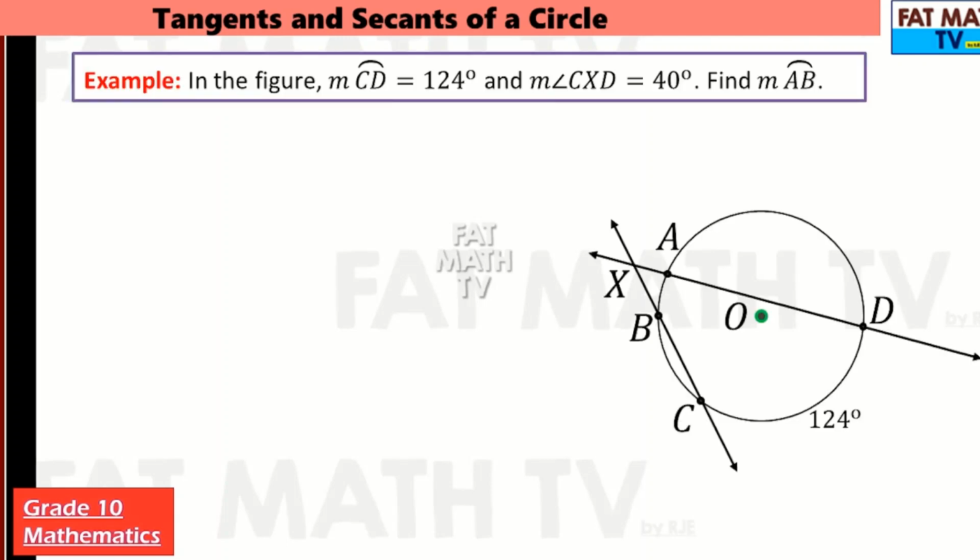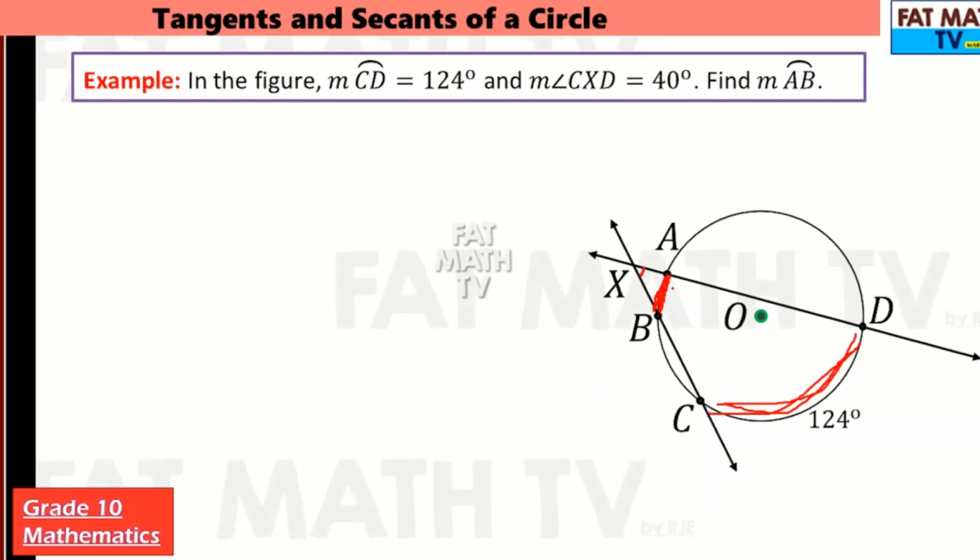Okay, let us have another example. In this example, measure of arc CD is 124 degrees, this one. And measure of angle X is 40, this one. So we are asked here for the measure of arc AB. In this case, what we are asked of is one intercepted arc, the smaller intercepted arc.